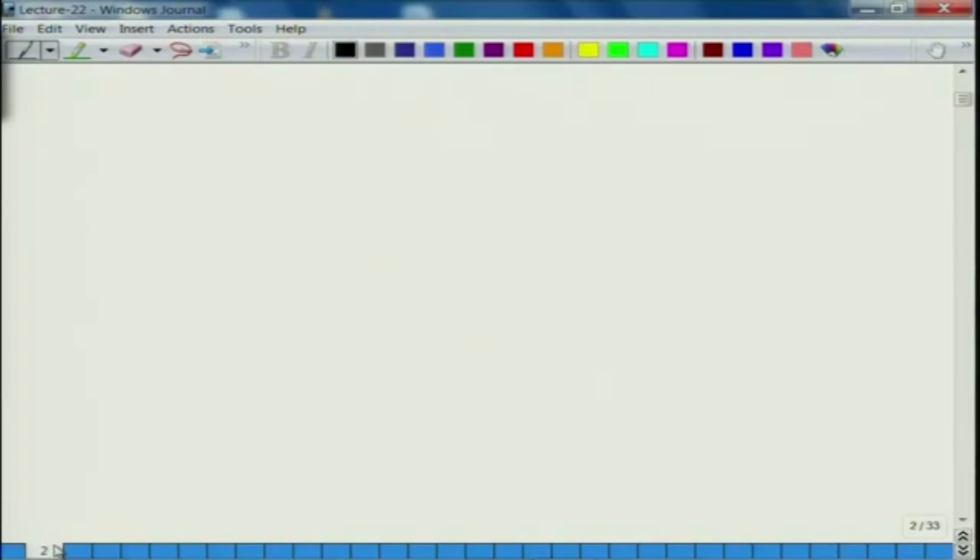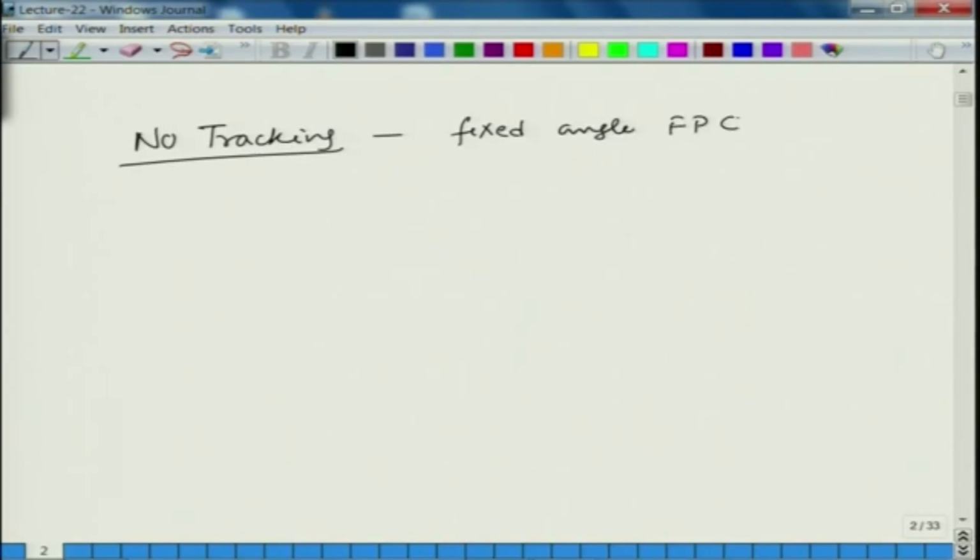Now, let us say no tracking. We have seen such a case, the fixed angle solar flat plate collectors. They are not tracking the sun.